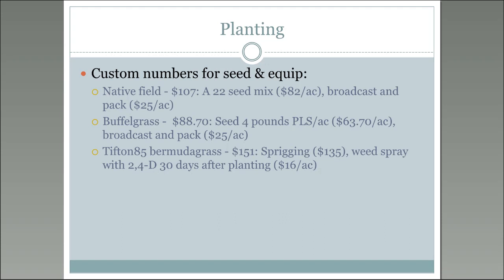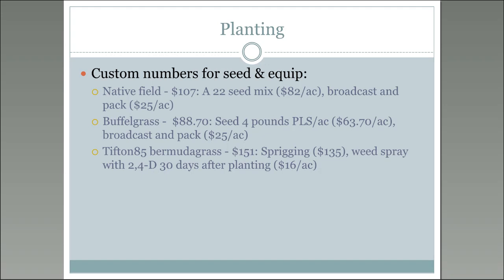So our custom numbers for a native field, we did a 22 seed mix at $82 per acre. This seed mix could vary greatly, but that's about an average. We broadcasted the seed and packed it for $25 per acre for a total of $107 per acre in order to plant the native field.